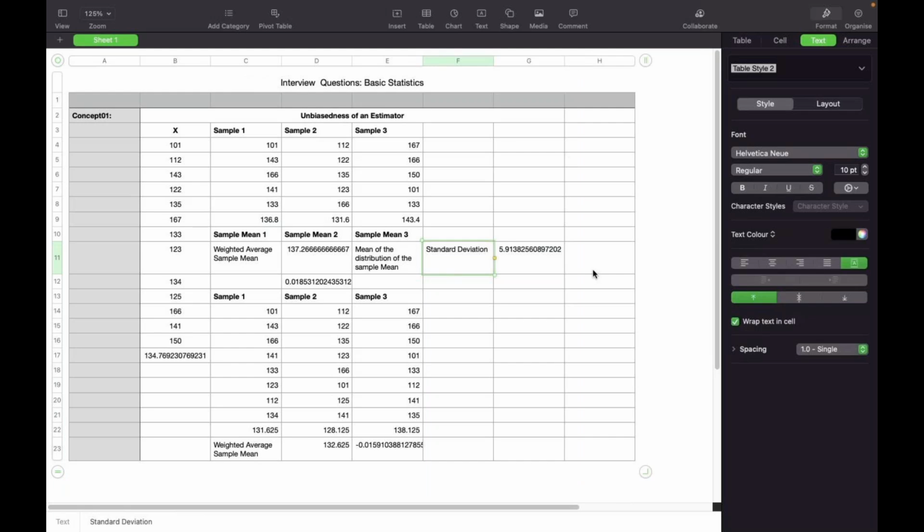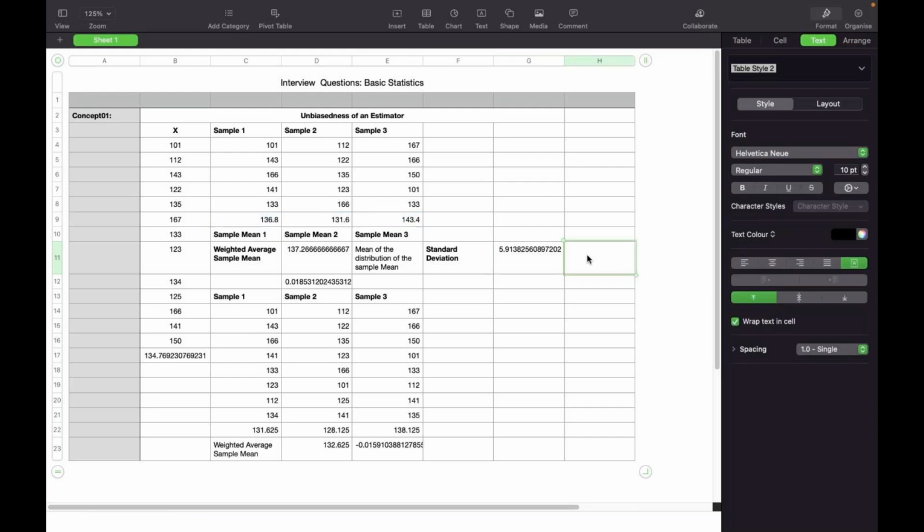The standard deviation formula is the simple one: the variation from the mean. How much variation is there from the mean? The weighted average is 137. The mean of sample 1 has a deviation from 137, the mean of sample 2 has a deviation from 137, and the mean of sample 3 has a deviation from 137. So the standard deviation shows the average fluctuation in the sample means.